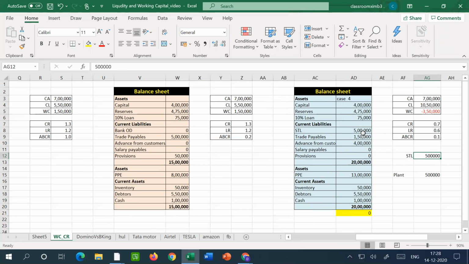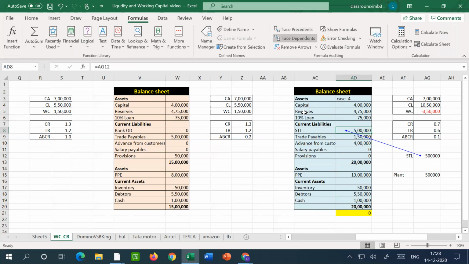So therefore, the short-term loan has increased because they wanted to buy the asset, and that asset is now, see, plant has become 13,000, and they use that excess cash they got to buy a property, plant, and equipment.